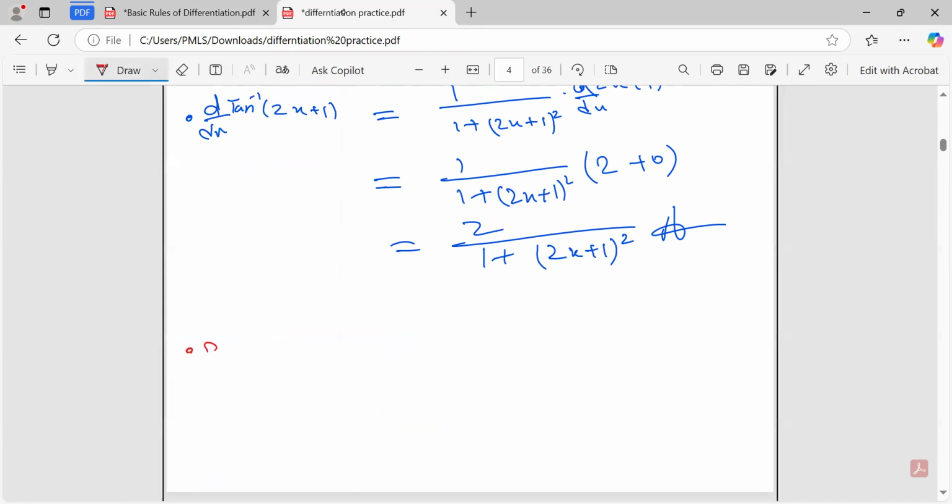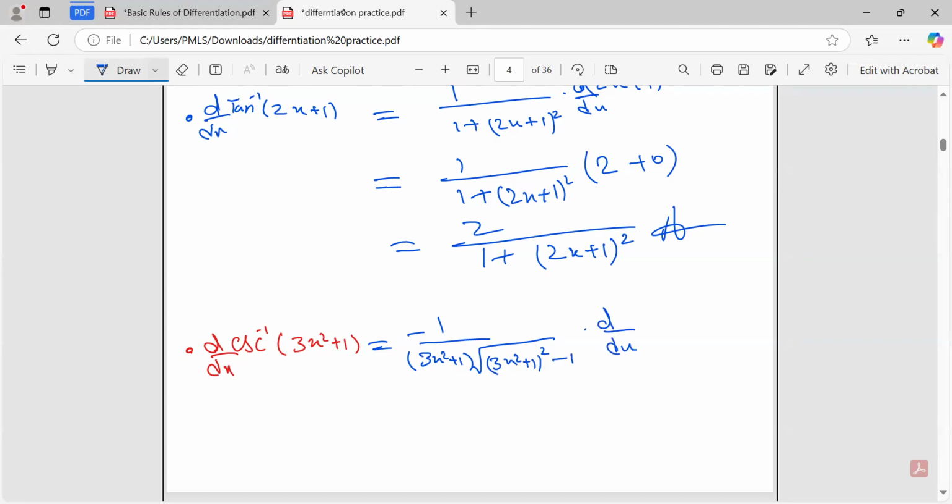For example, if you have a function like cosecant inverse of 3x square plus 1, in this case we apply the rule. It will be equal to minus 1 over u, that is 3x square plus 1, times square root of u square, that is 3x square plus 1 whole square minus 1, times the derivative of u, that is 3x square plus 1.